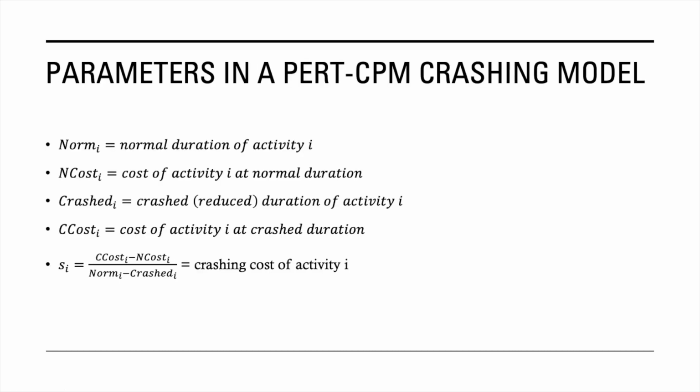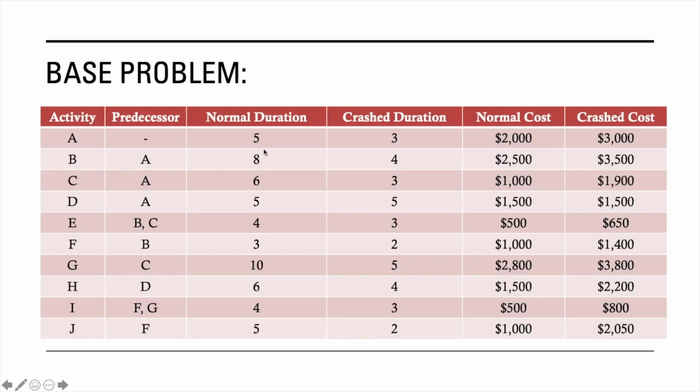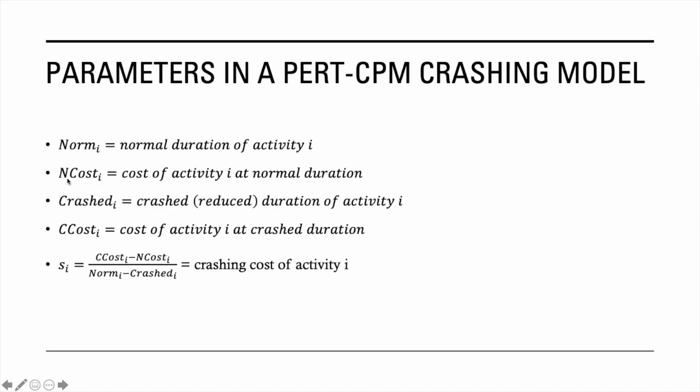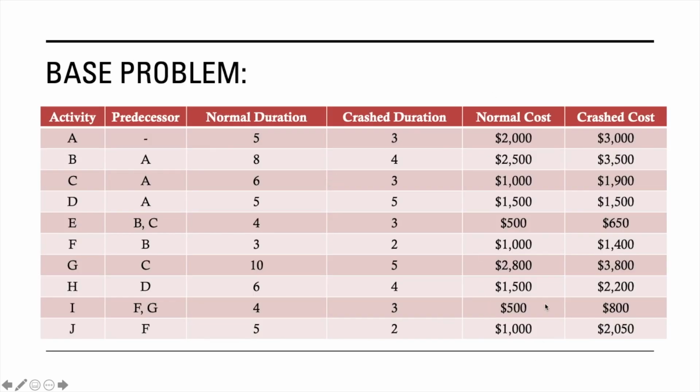Now, what I have here are the four parameters that are seen in the table. So I have Norm sub I. Norm sub I is the normal duration of activity I. So that is this column, normal duration. Next is N cost, or normal cost sub I, which is the cost of activity I at normal duration. And that is this column, normal cost.